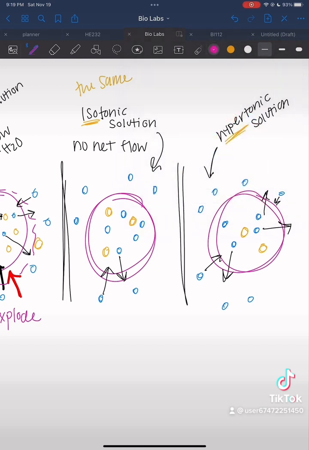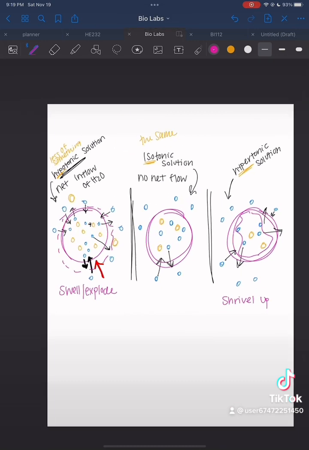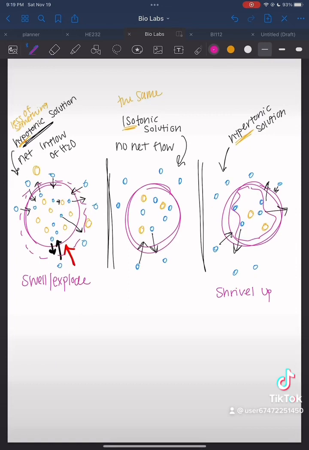You can actually see this in actual living systems. If you were to put a red blood cell into a hypotonic solution, the water is going to rush into it and it's going to blow up, expanding like an overinflated balloon, and it can burst.